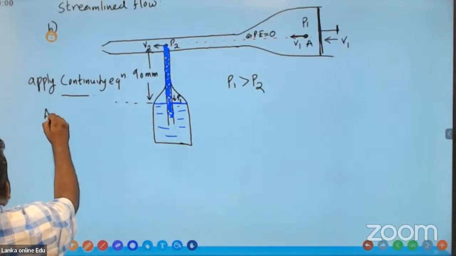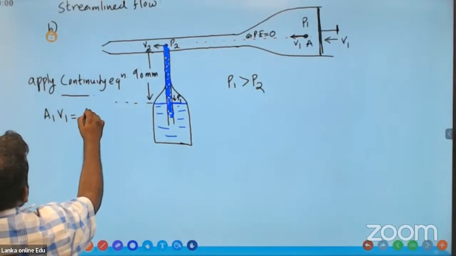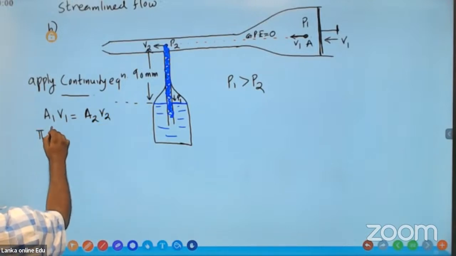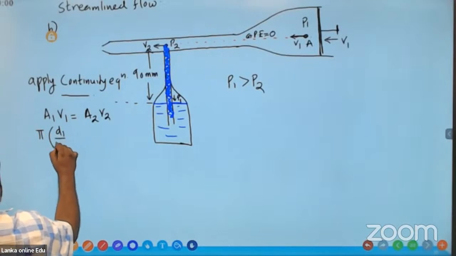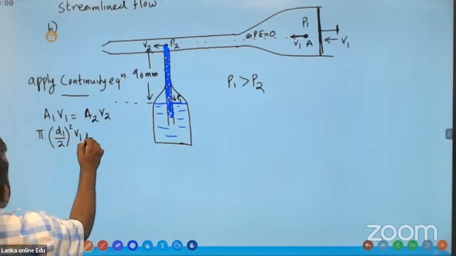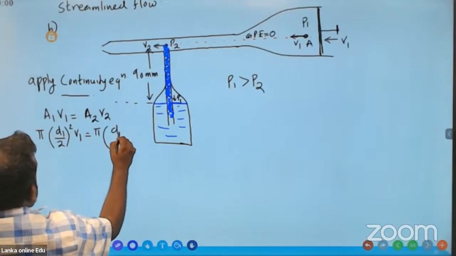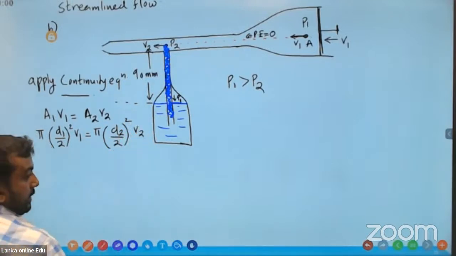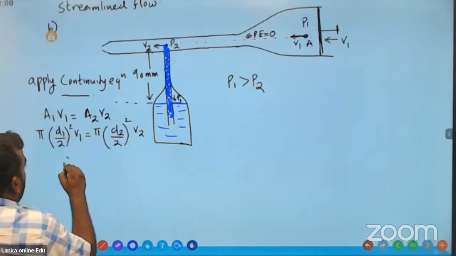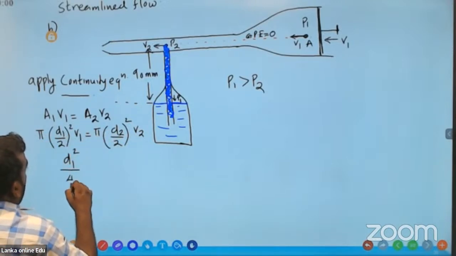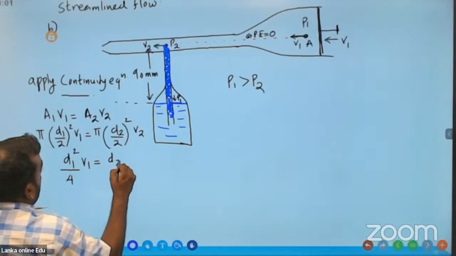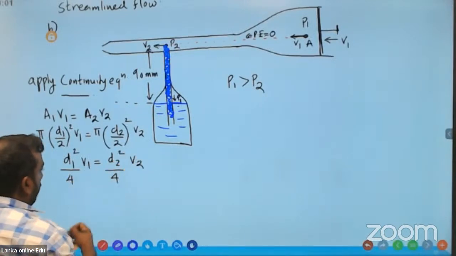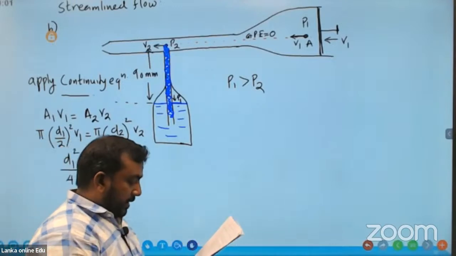So A1 V1 equals A2 V2. Pi times d1 divided by 2 squared times velocity v1 equals pi times d2 divided by 2 squared times v2. Simplify this: pi and pi cancel off. d1 squared over 4 times v1 equals d2 squared over 4 times v2. The 4s cancel off.